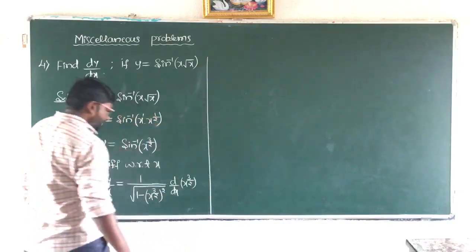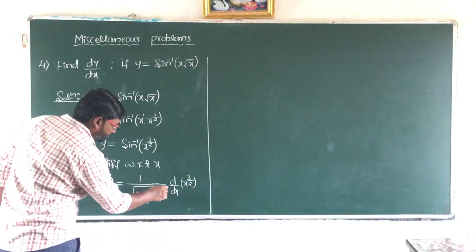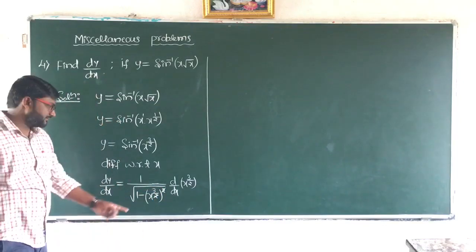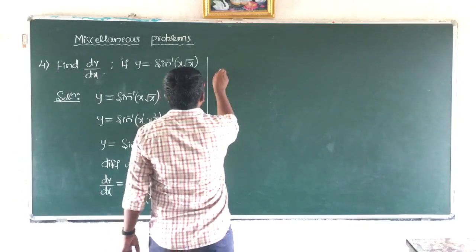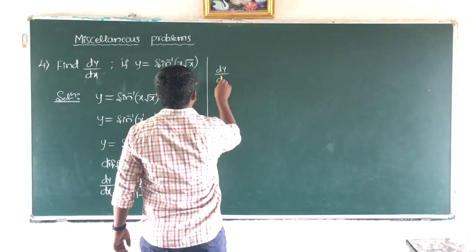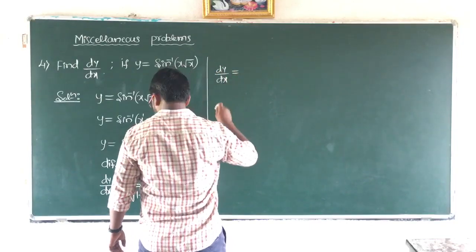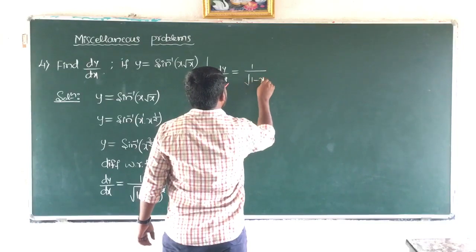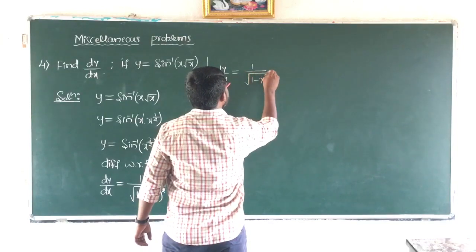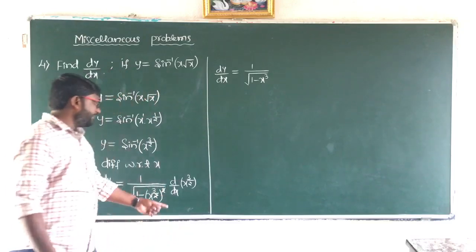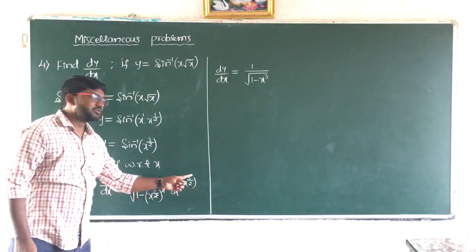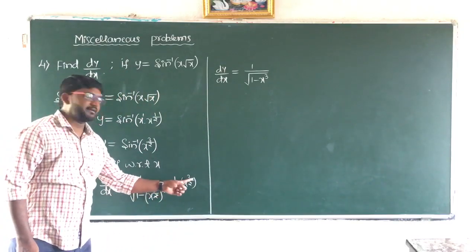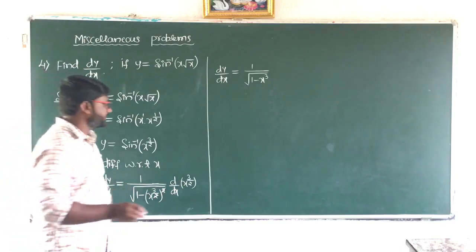So now see here, 2 and 2 get cancelled. We have only x cube. So dy by dx is equal to 1 divided by under the root 1 minus x cube into the derivative of x to the power 3 by 2. It is in the form of x to the power n, with derivative n into x raised to n minus 1.